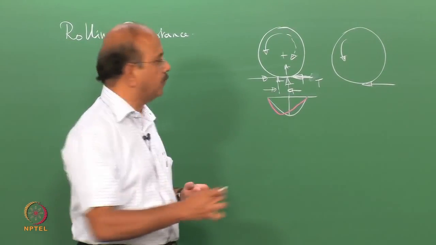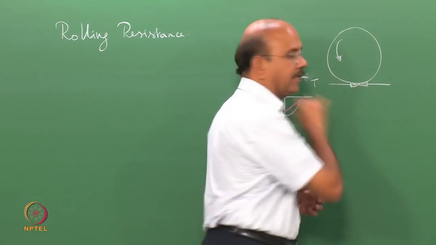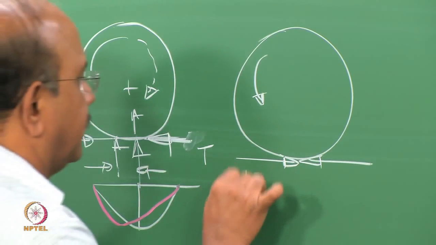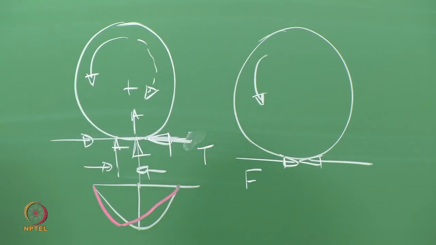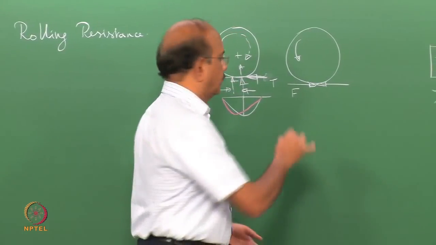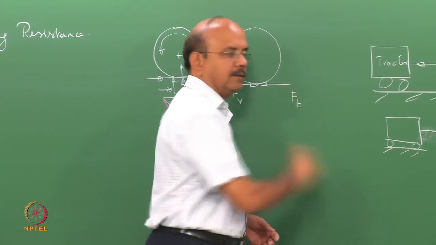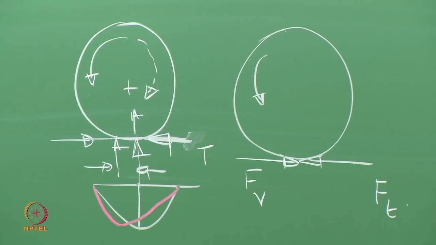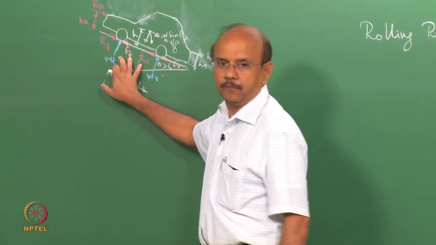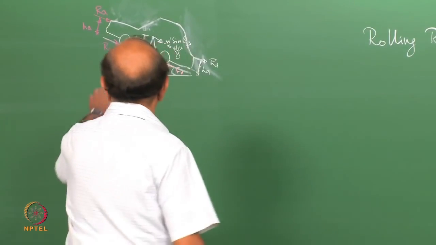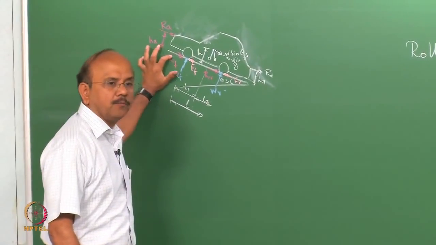So, I replace it with another force that is acting like this. So, it is equivalent, same thing, same torque, which is that is the F rolling resistance, and that is the F traction. Clear? That is it. So, that is why we have two of them, the front traction force and the rolling resistance force which opposes the motion.